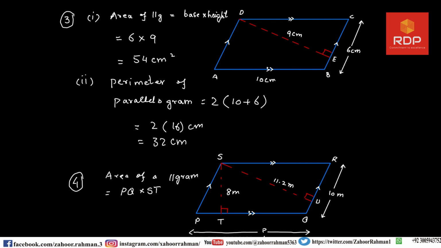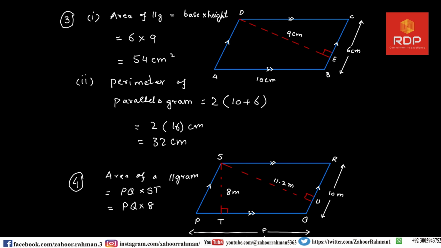So first of all we have to find PQ. In this case we are writing that PQ multiplied by ST, which is 8 meter.